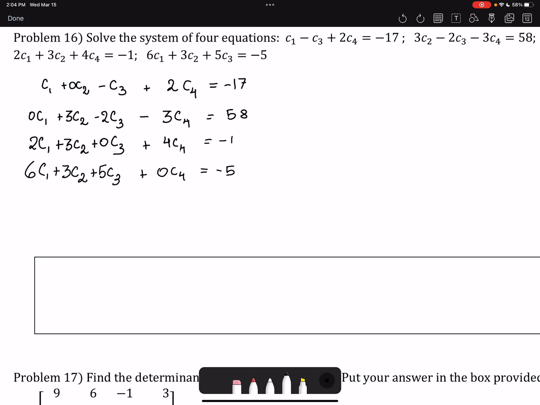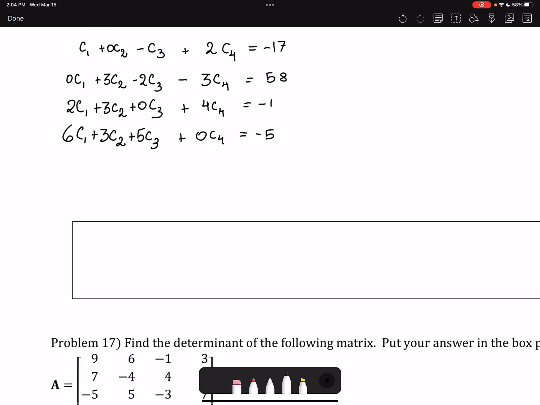Now that we do that, we realize that we can rewrite this as a coefficient matrix, which is going to have all the coefficients in front of the C's: 1, 0, negative 1, 2, then 0, 3, negative 2, negative 3, and then we have 2, 3, 0, 4, and finally we have 6, 3, 5, and 0.